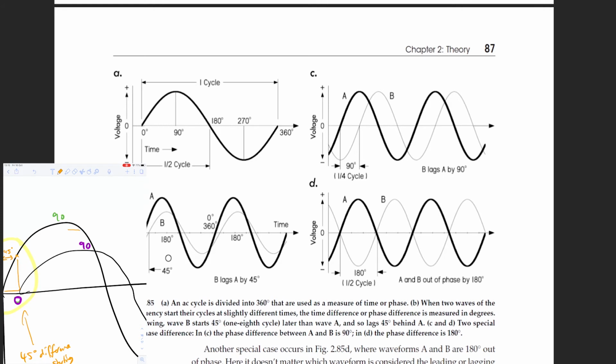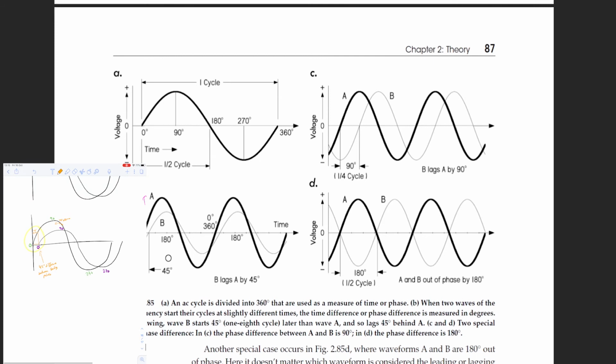Okay, and then the same for here. Obviously, this is not to scale, not a good drawing. 45 degrees difference.